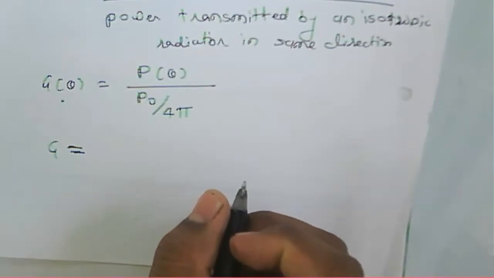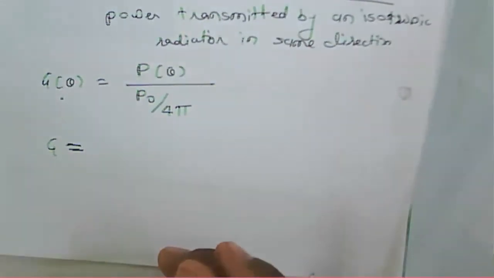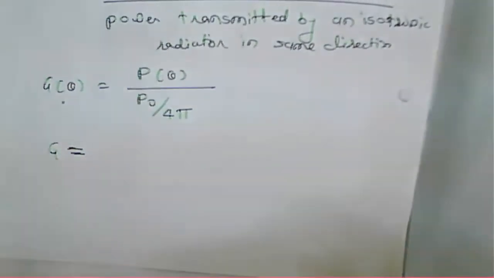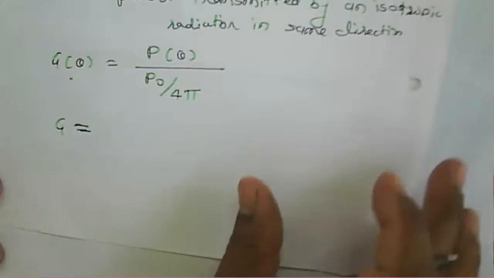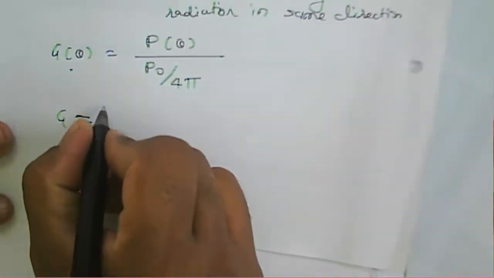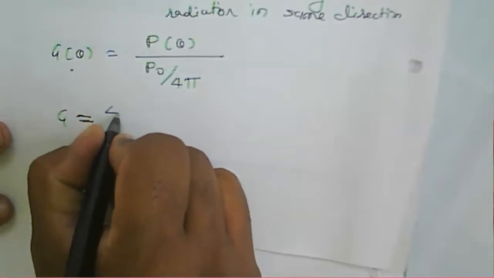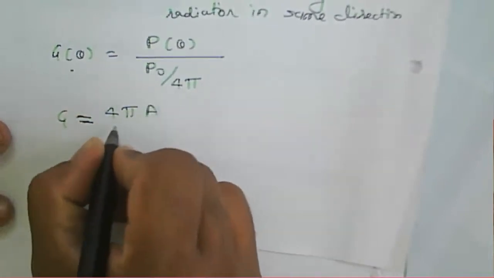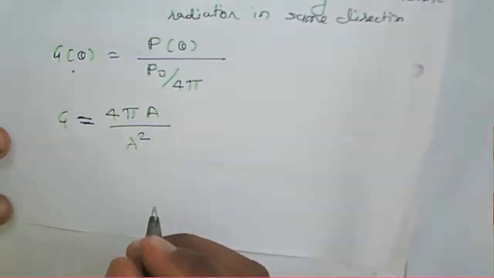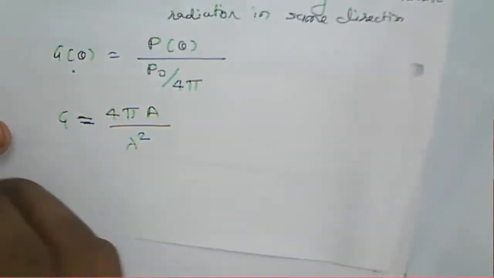For that condition we should know what antenna structures we are using, and what the operating wavelength of that particular antenna will be. So we can calculate the gain, that is 4 pi A over lambda square, with the respective wavelength.